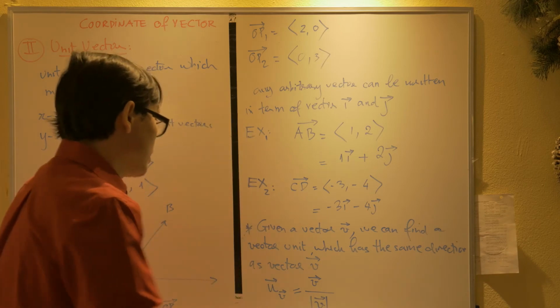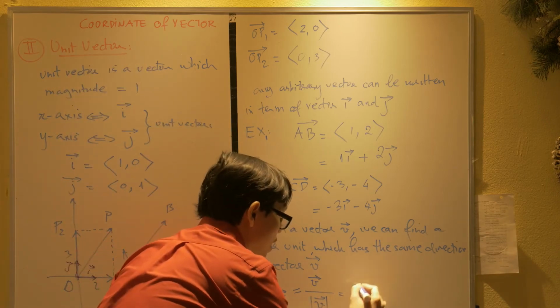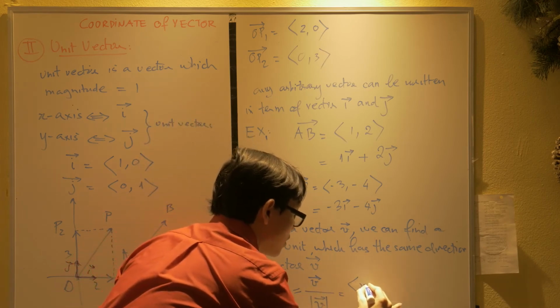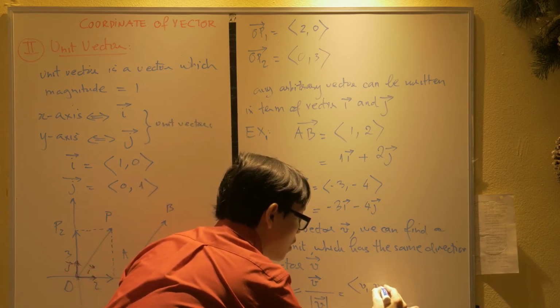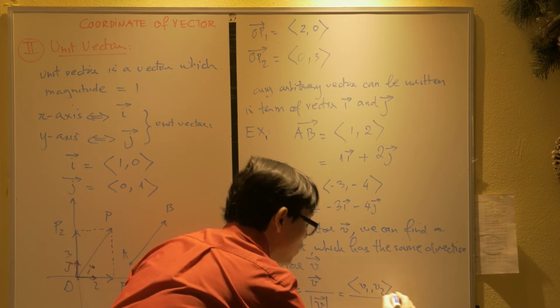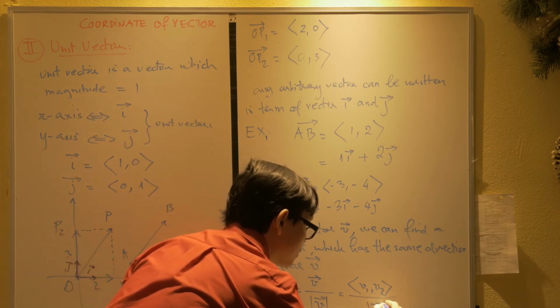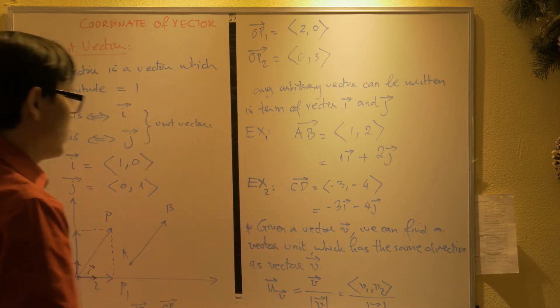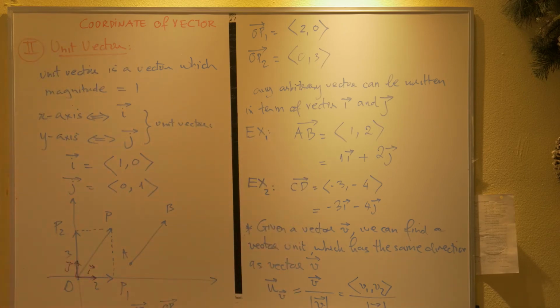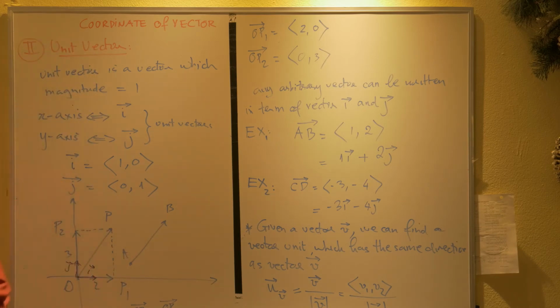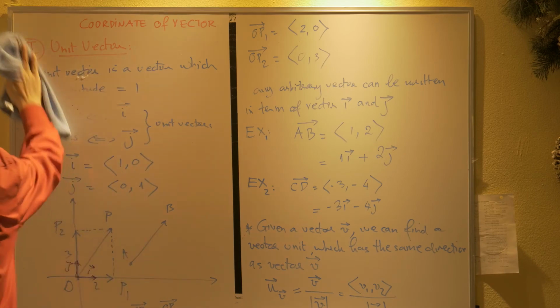Or sometimes they write it as the coordinate of vector v, v1, v2, over the magnitude of vector v. The magnitude of vector v is very easy to find. If they give you the coordinate of vector v already, you can find the magnitude. I can give you a quick example. It's pretty simple.